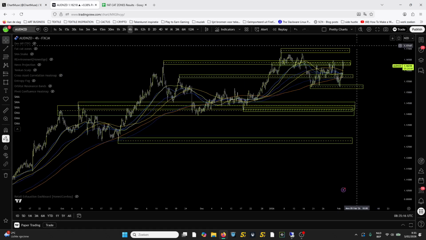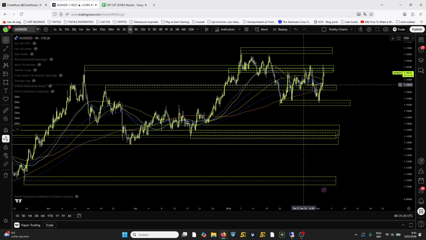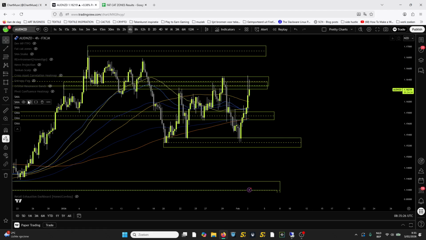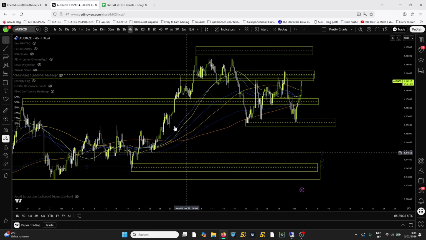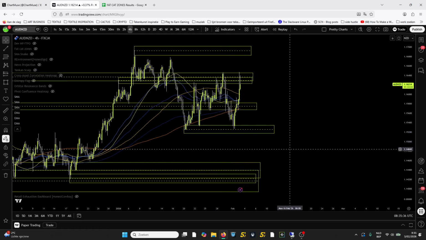So even this is messy, even without the Fibonaccis and with the moving averages. So I created a program which does not display the moving averages. It does not display the exponential moving average. It doesn't even display the support resistance. It doesn't even display the Fibonacci zones.